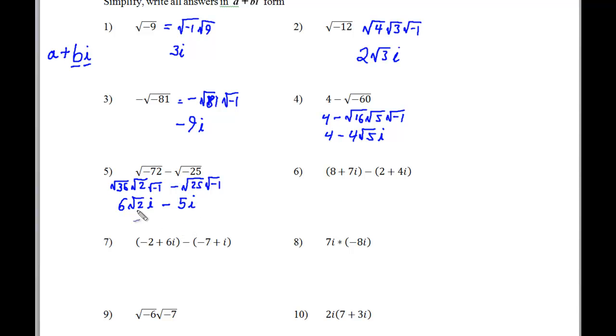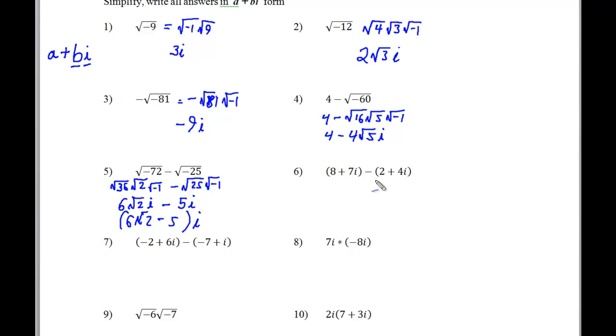Now you'll notice that we want our problem in a plus bi form, but we have 2 i's in this case. So let's factor the i out and have my 6 square roots of 2 minus 5 inside of a parenthesis. So my a is 0, my b is a binomial, 6 square roots of 2 minus 5, and my i is just i.